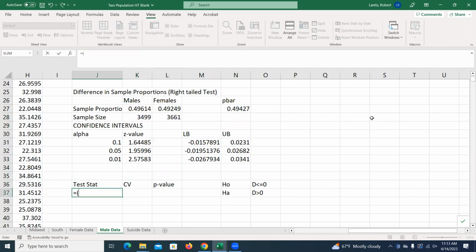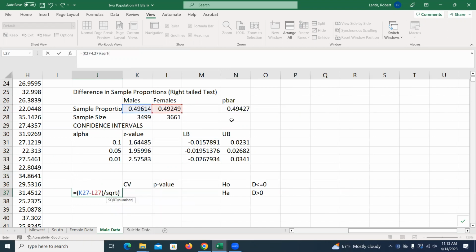Now it's just a matter of using Excel to be our calculator. We want to find that difference in sample proportions, which was just my male group minus my female group. I'm not going to subtract my assumed true difference here because I'm using an assumed true difference of 0, so it doesn't really matter. That's going to be true for your Excel assignment as well; I'm giving you assumed true differences of 0.